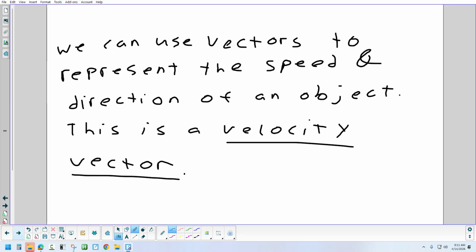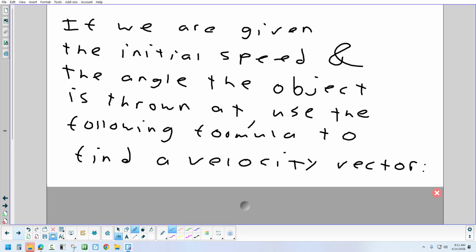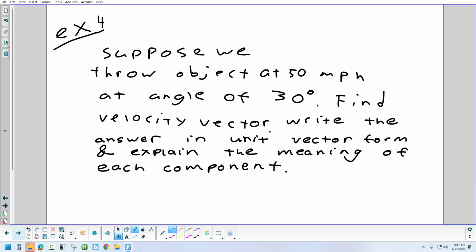Okay, so let's start with a velocity vector. So when I give you a problem about velocity, I'm not going to give you the velocity vector. I'm going to give you information like this. I will tell you an angle that an object is being thrown at and a speed. Now, when we write a vector, is there any spot in a vector for an angle?